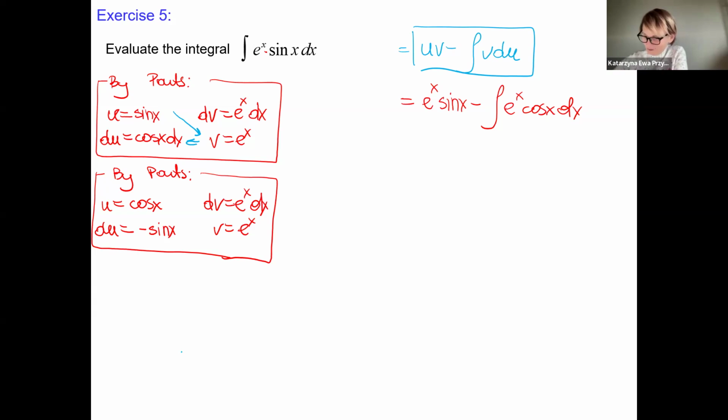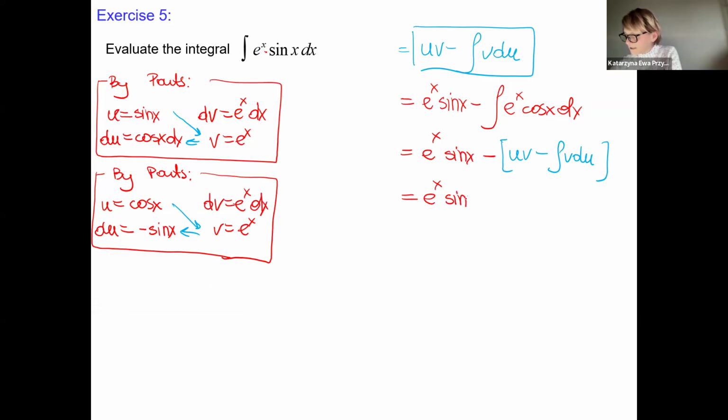Okay. And the new formula: uv minus integral of v du. We have to be careful because we have a negative in front. e to the x sine of x minus, and now e to the x cosine of x minus integral of e to the x, and it's actually minus, let me put plus, because it was negative and subtracting a negative is positive.